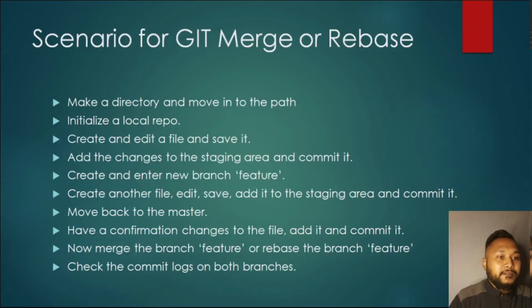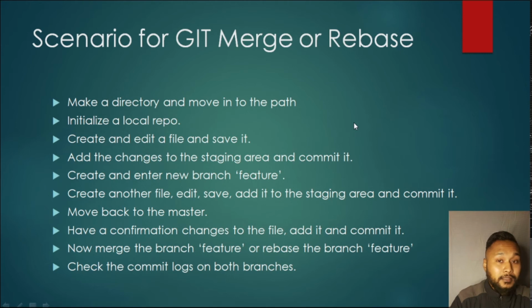So we have talked about a lot of things, what's going on in commit, merge, or rebase. The scenario is going to be a lot clearer when we do it in the lab. So we move on to our Linux machine and do the following. First we make a directory and move into the path.